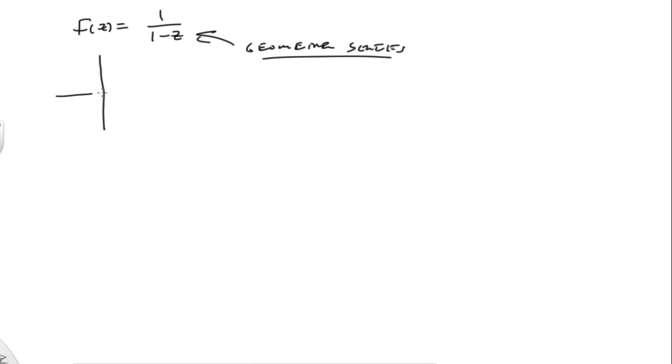Okay, so let's try now f of z is equal to 1 over 1 minus z. Okay, so this is something that looks familiar. We know this one. This looks like a geometric series. So now let's look at this, right? If I have my plane here, there's a singularity at z equals 1.